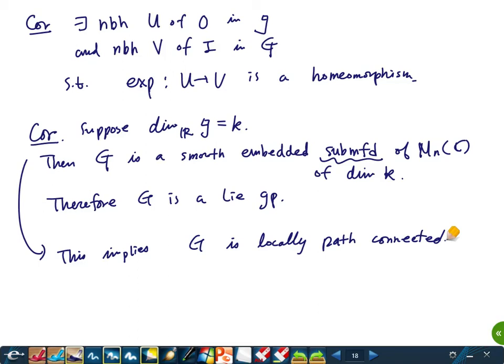If a space is locally path connected, then G is connected if and only if G is path connected. We used this before, or we defined connectedness using path connectedness, but it is really the same as connectedness. So it's okay to define the connected Lie group using path connectivity.